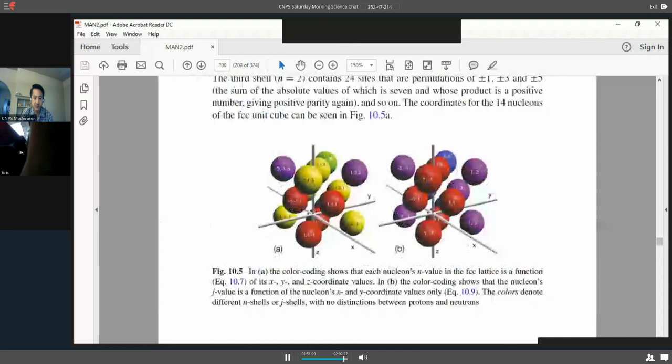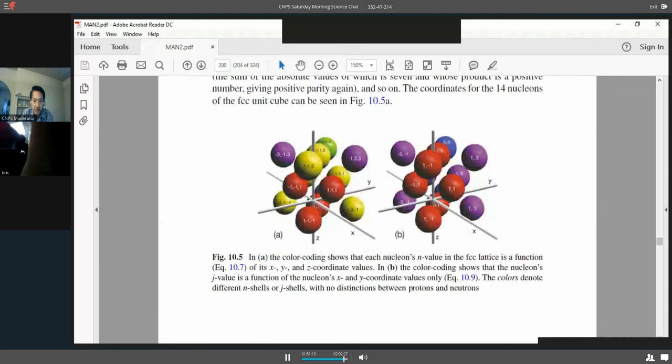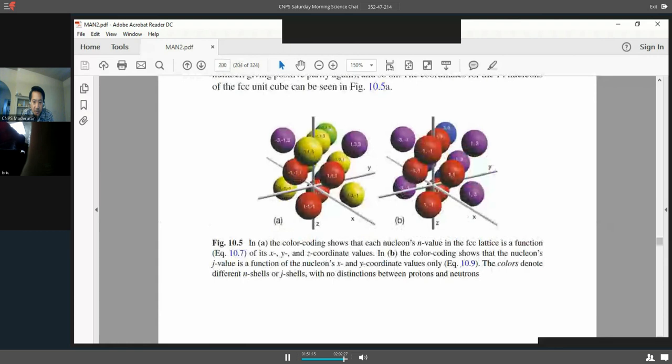So he's got his models here. Let's see, what are the color codings here? You've got yellow and red and purple. I presume those are the protons and neutrons.